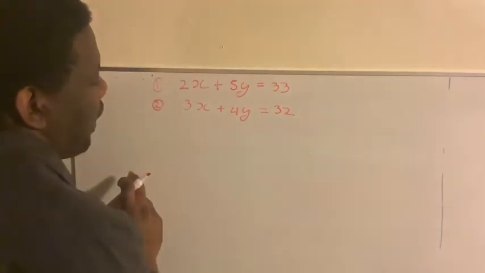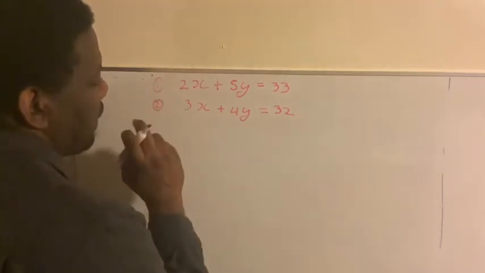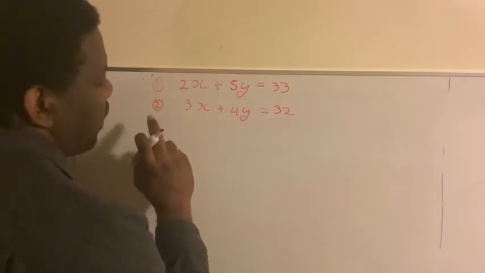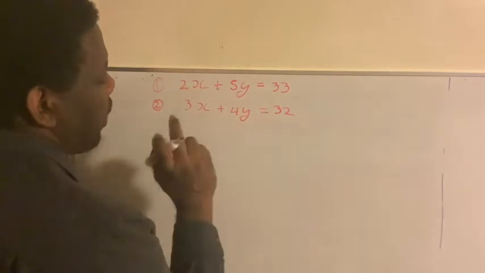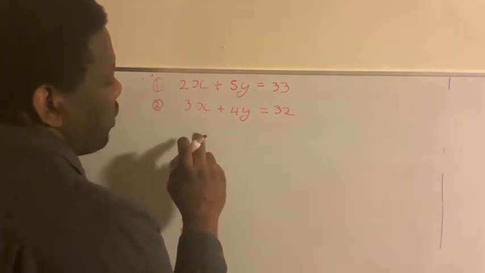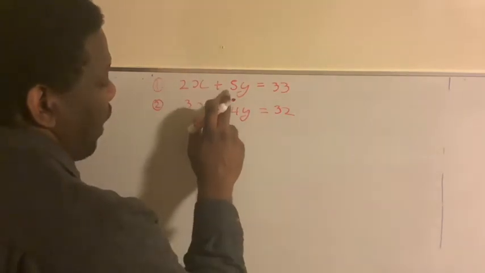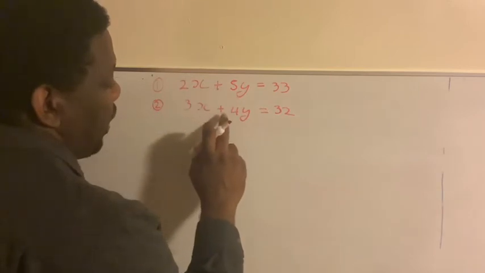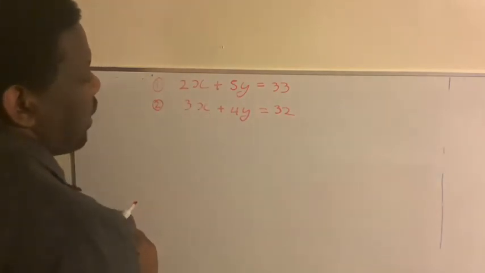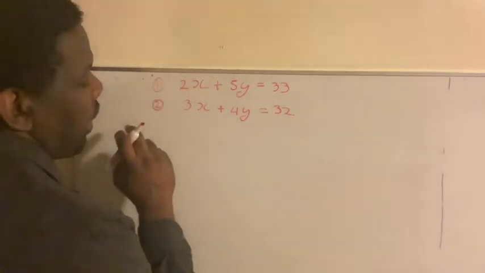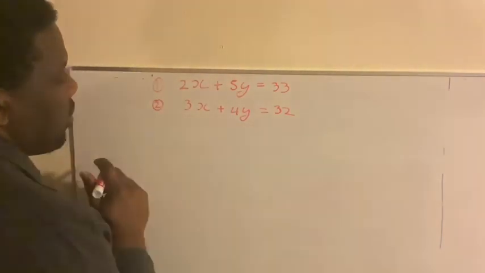So we have to try to get 2x to look like 6x or 3x to look like 6x. Common multiple of 5 and 4 is 20. So we could either try to get 5y to look like 20y and also 4y to look like 20y. So let's go with trying to look like 6x.